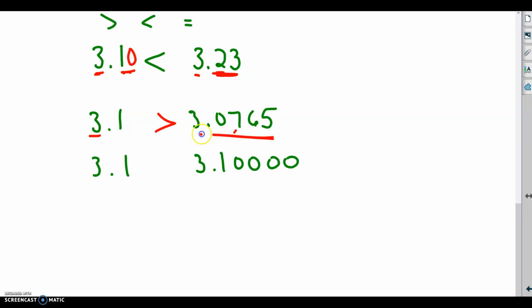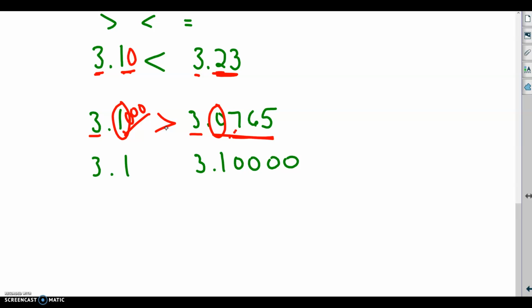Because look, 3, 3, 1, 0. 1/10 is more than 0/10. Again, if it bothered you this one's longer, you can add zeros behind this one. So now it's 4 digits after the decimal, 4 digits after the decimal. 1,000 is bigger than 765.